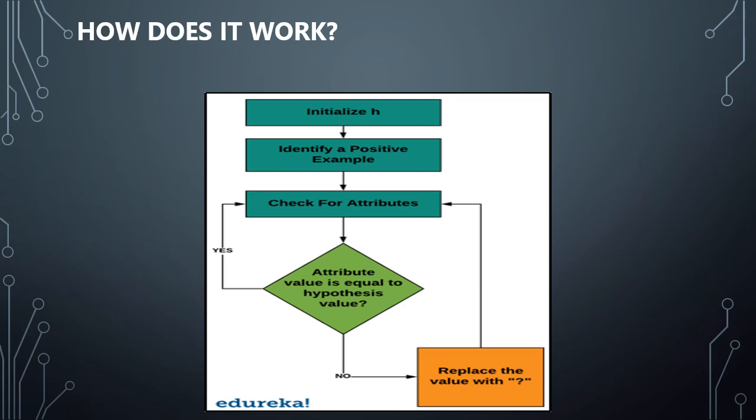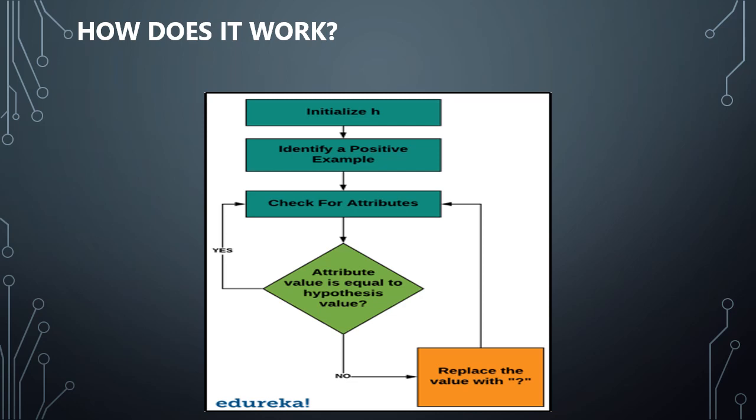Here, first, the process starts with initializing h with the most specific hypothesis. Then, if it is the first positive example in the dataset, we will check each example. If the example is negative, we will move on to the next example. But if it is a positive example, then we will consider it for the next step.